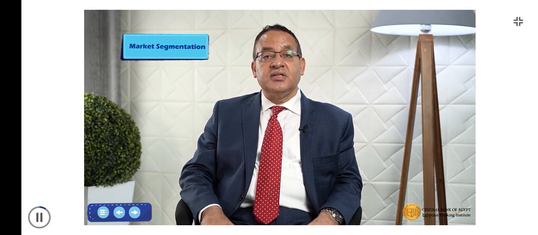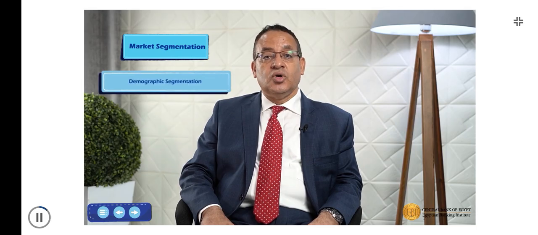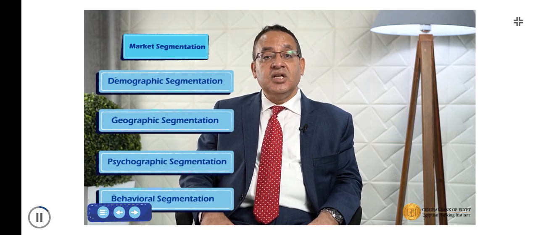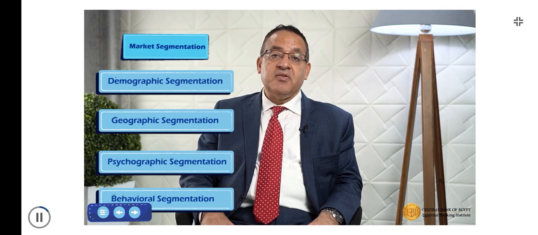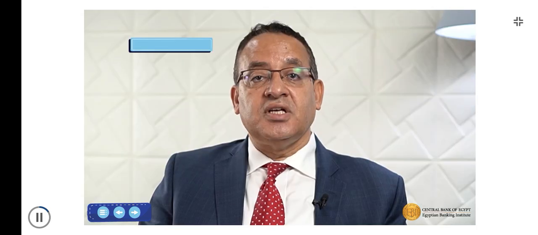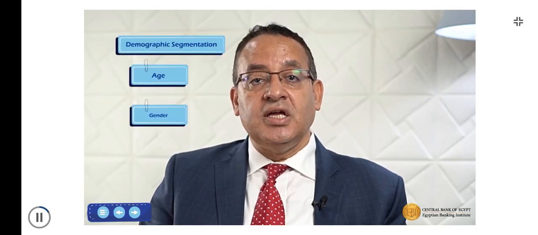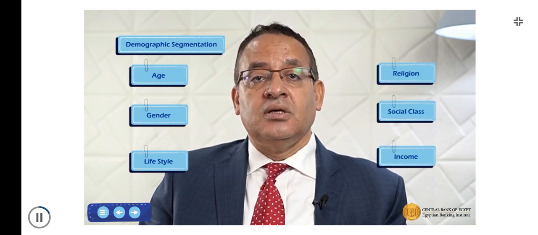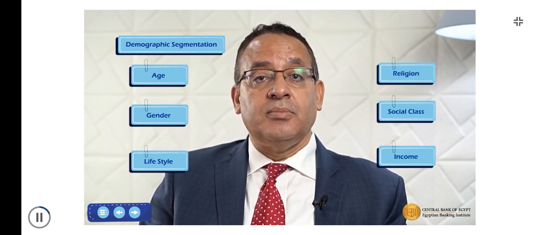Let's start with the segmentation. We have very famous segmentation variables, which are demographic segmentation, geographic segmentation, psychographic segmentation, and behavioristic segmentation. Demographic segmentation is related to age, gender, lifestyle, religion, social class, income, and so on.